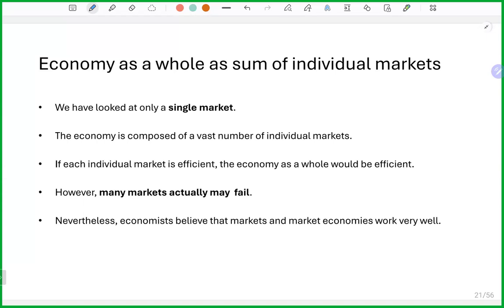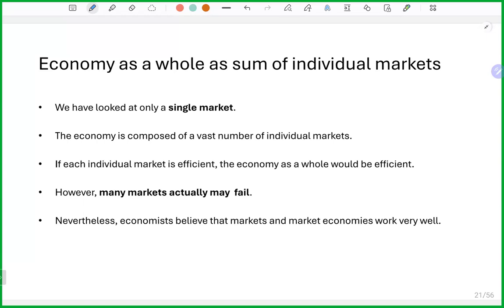And the other reason why markets fail is knowledge. So what about knowledge? You, individual seller, individual producer, care about your own cost.